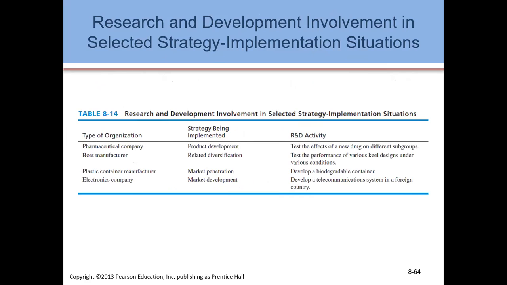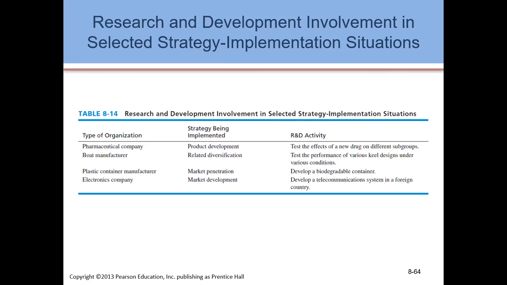Another example is a boat manufacturer. The strategy being implemented is related diversification, and the R&D activity associated with related diversification would be to test the performance of various hull designs under various conditions.